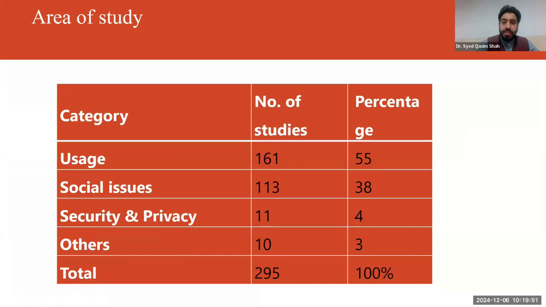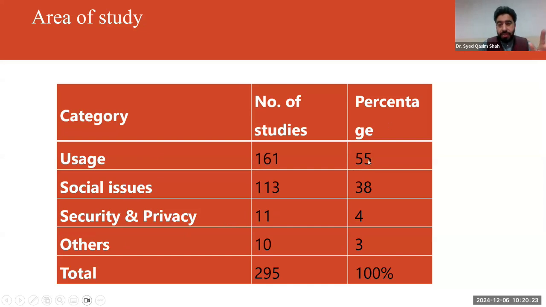Then the area of research: usage, how many research studies are talking about the usage of social media, how many times people are talking about social issues within social networking, and how many, 11 studies, have been talking about security and privacy of social media, and others. So we have three themes: usage, social issues, and security and privacy.